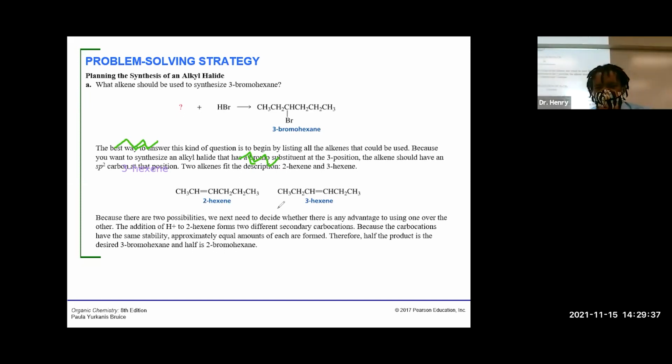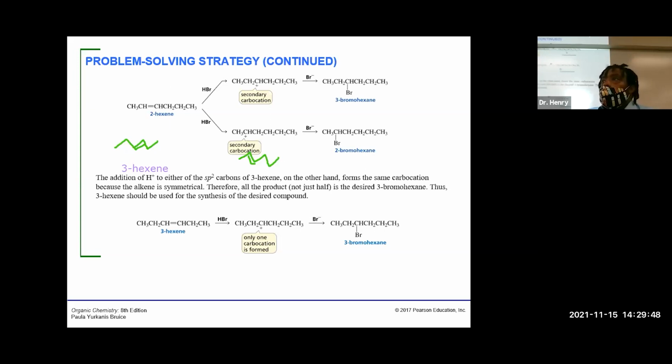So let's talk about what would be the expectations if we get them, and then we'll talk about why. In the case of 2-hexene, we would get the carbocation added on to the 3rd carbon as we want it. Then as that happens, the bromine will be able to interact with it. So this here is going to be our intermediate, and this is going to be our final product.